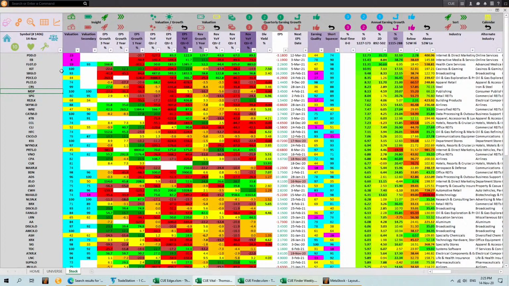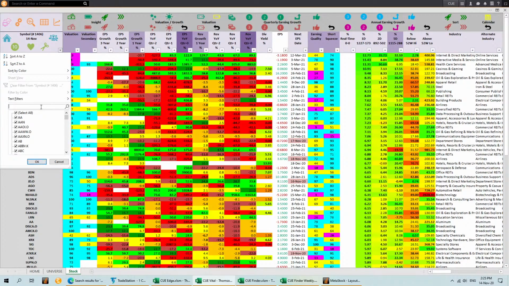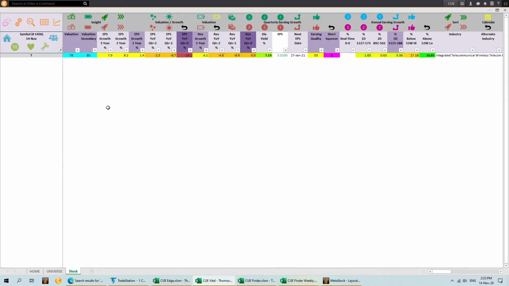And let me search for AT&T. Let's look at the data.